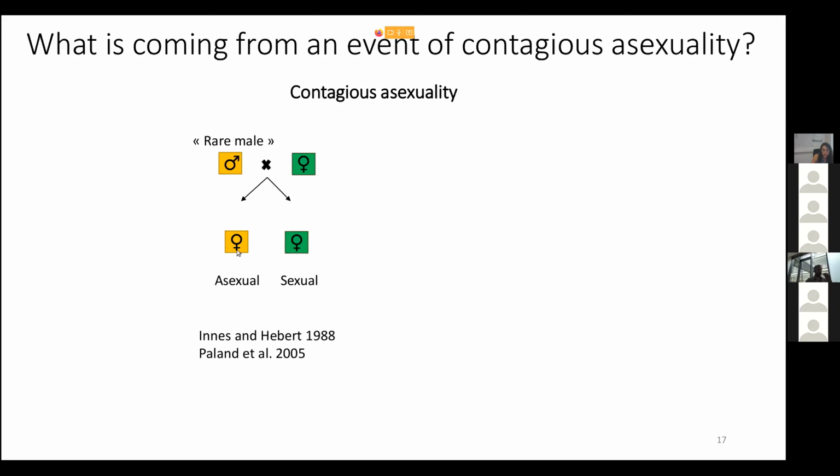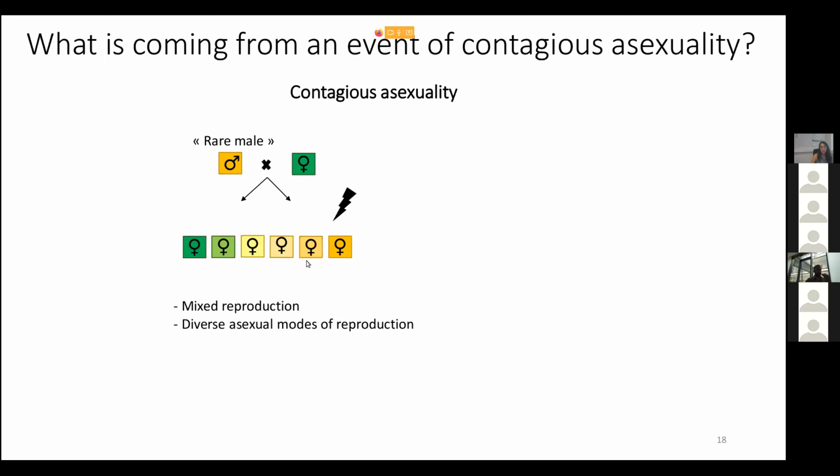So we would not have these two discrete classes of asexual and sexual, but something more diverse, which is non-binary, with very different asexual modes of reproduction, recombination, and mixed reproduction.